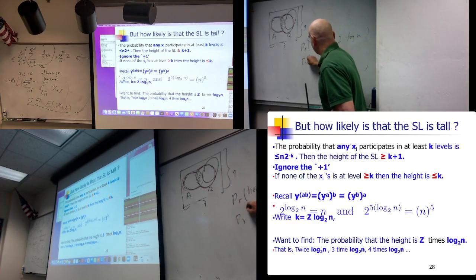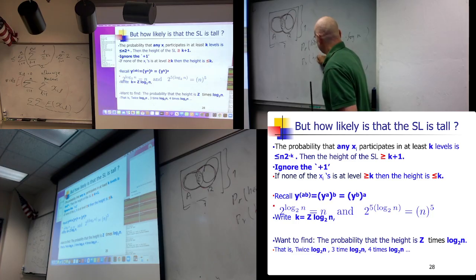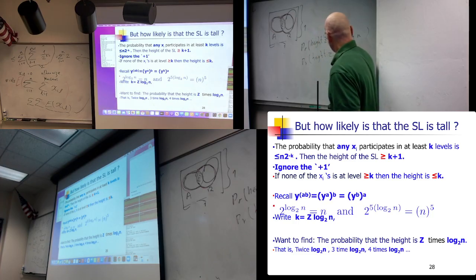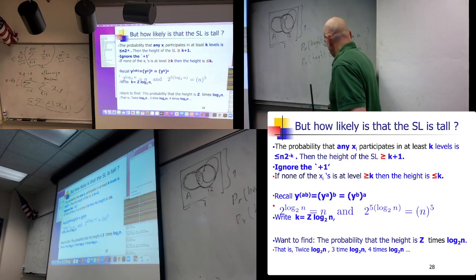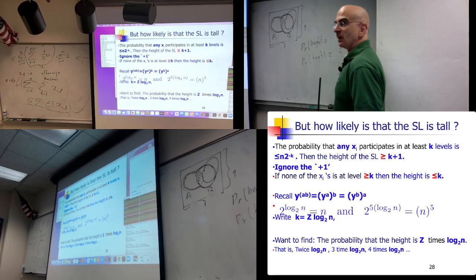What is the probability that the height is larger or equal than 3 log n? Right? Log n is the norm. What's the probability that it's twice the norm? What's the probability that it's 3 times, 4 times, 5 times the norm?